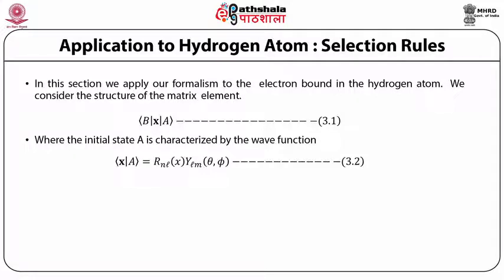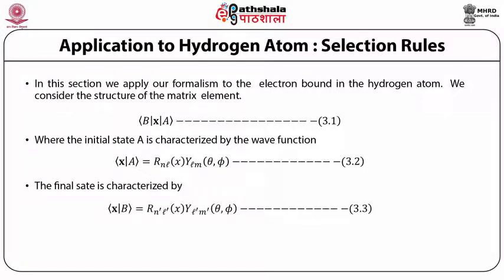Here capital R n L is the radial function and Y L m of theta phi are the generalized Legendre functions involving theta and phi. The final state is similarly written as the bra of X vector and ket of B, which is equal to the radial function of n prime and L prime of r and the function Y L prime m prime of theta and phi.